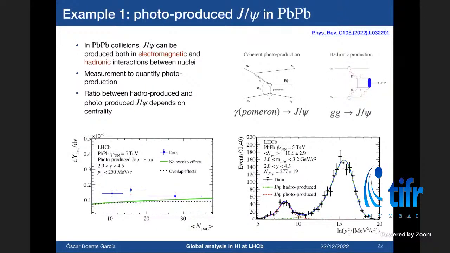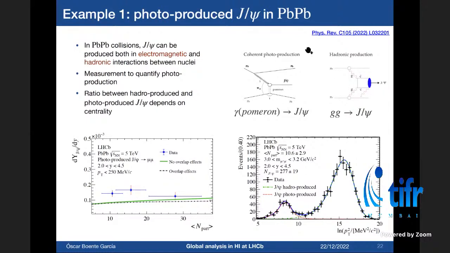So now I brought you two examples that use this centrality determination. I won't discuss them in much detail because I think they will be treated in future lectures. But in any case, you have here a measurement that we did of J/psi production in lead-lead collisions. The goal of this measurement was precisely to distinguish between electromagnetically and hadronically produced J/psi, which you can see in these two sketches, that it can be produced in both kinds of interactions.